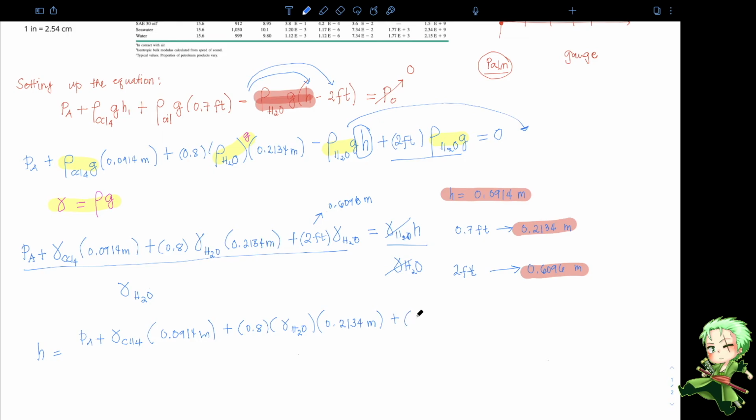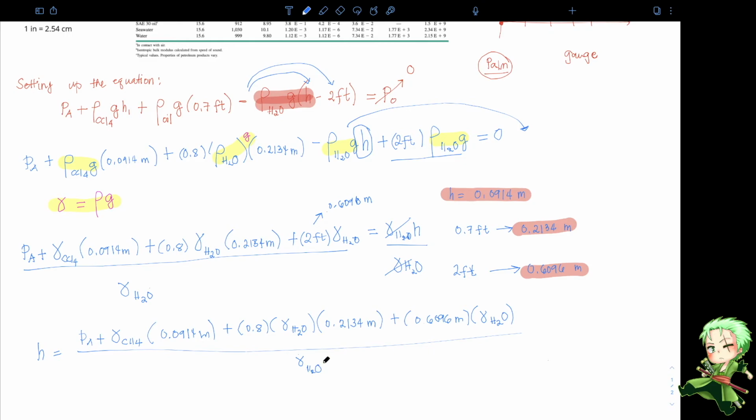So you multiply that by 0.6096 meters, or just the SI of 2 feet, and then the specific weight of water. Okay, you divide everything by the specific weight of water.